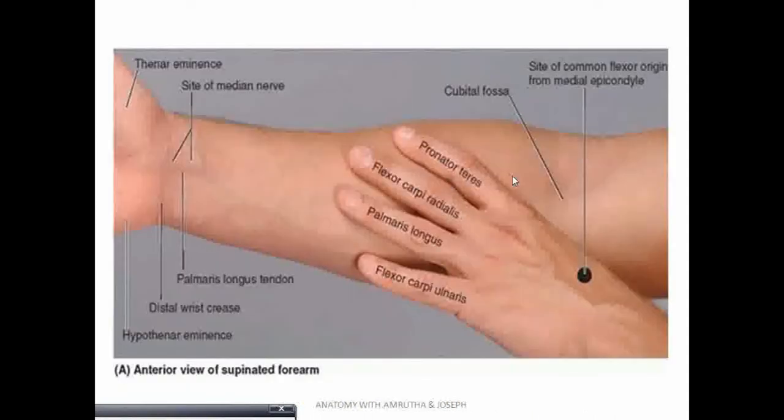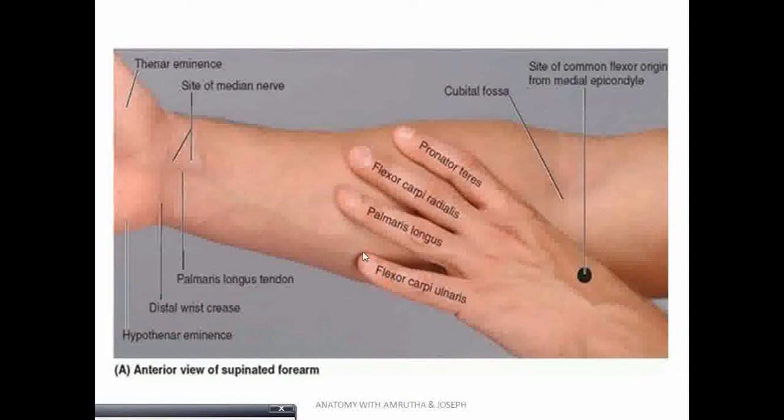This is a simplified diagram, or an easy way to remember the muscles here, by keeping your hand and the fingers represent the muscles of the flexor compartment of the forearm, starting from lateral to medial: pronator teres, flexor carpi radialis, palmaris longus, flexor carpi ulnaris.